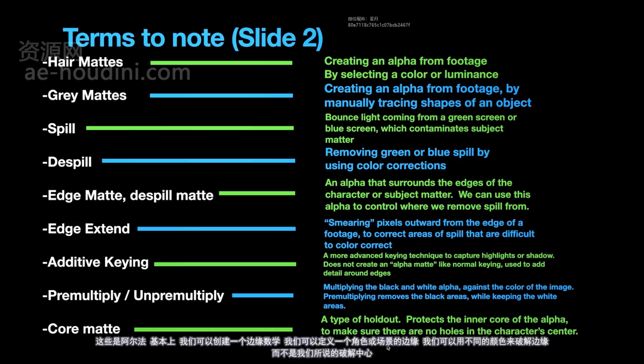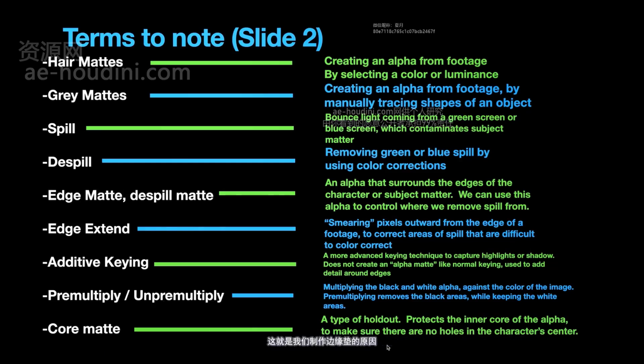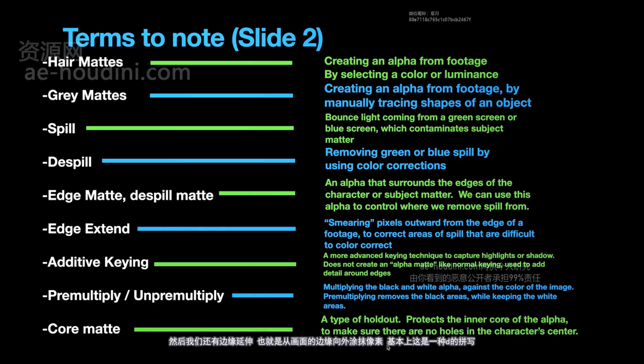We can create an edge mat to define the edge of a character or a scene, and color correct the edge differently than we color correct the center. That's why we create edge mats. And then we have edge extend, which is smearing pixels outward from the edge of the footage. It's one way of despilling.